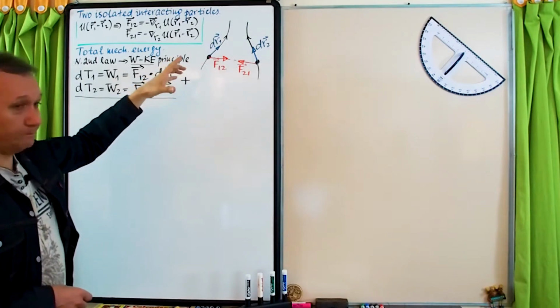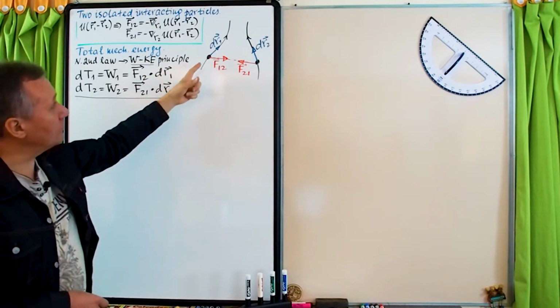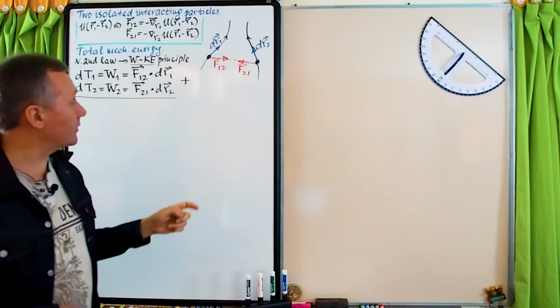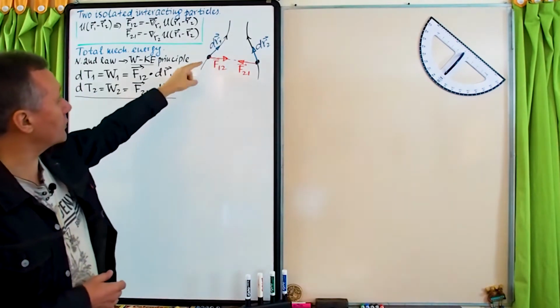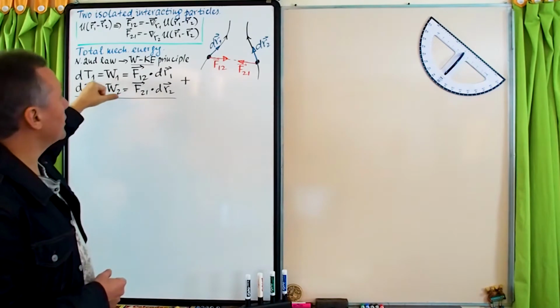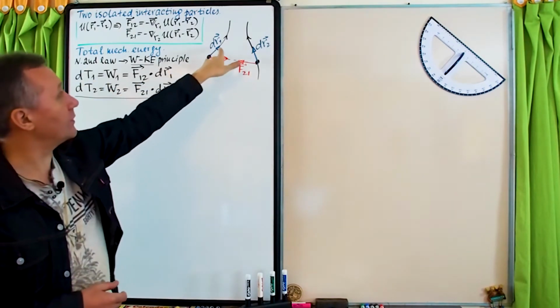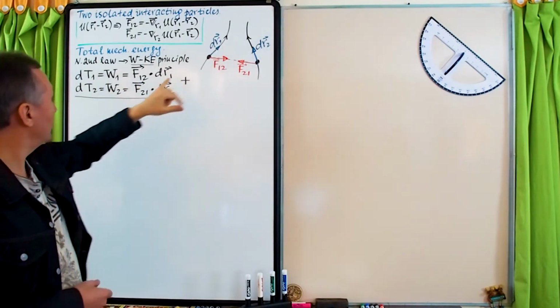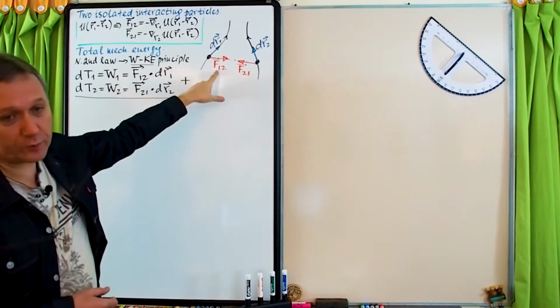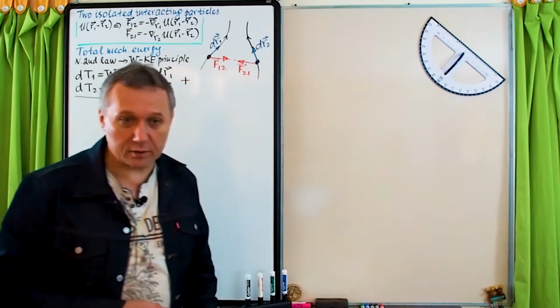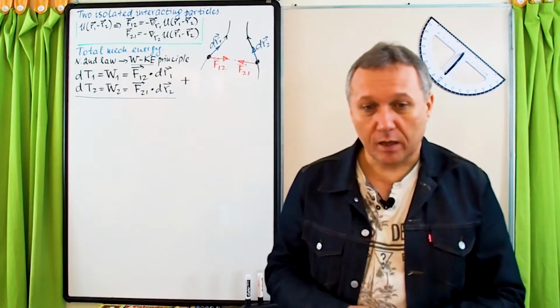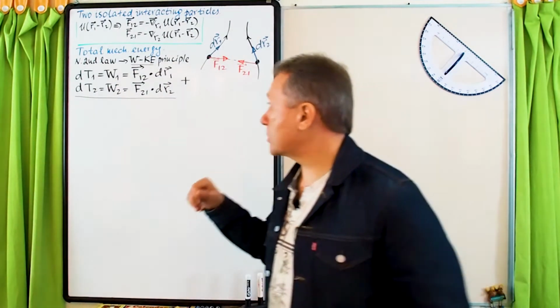So if you have particle 1 which moves along this trajectory and particle 2 which moves along that trajectory, right? So of course, the change in the kinetic energy over an infinitesimally small displacement equals the work done by this force F12, right? So F12 dotted with dr1. That's how we can apply the work kinetic energy principle for the first particle.